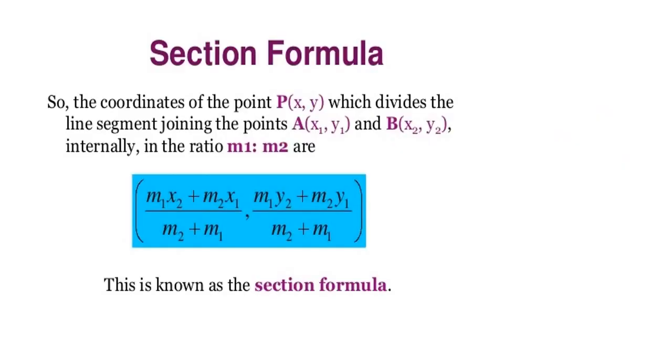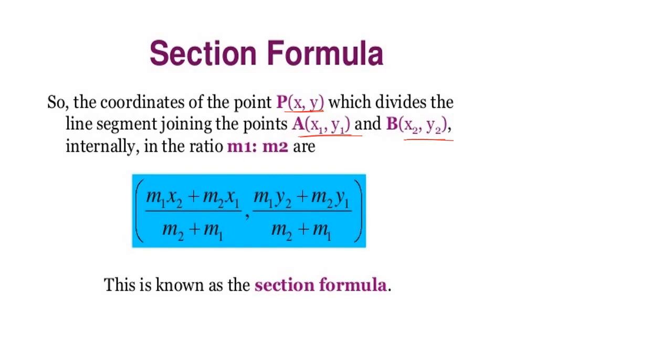One more important formula in this is the section formula. Basically, we have a point P which divides two points. The first point is A whose coordinates are x1, y1. The other point is B whose coordinates are x2, y2.